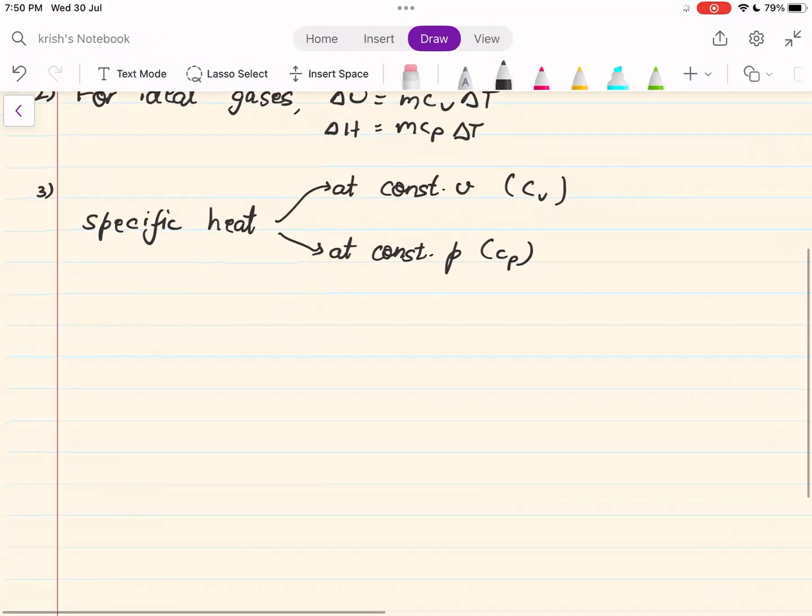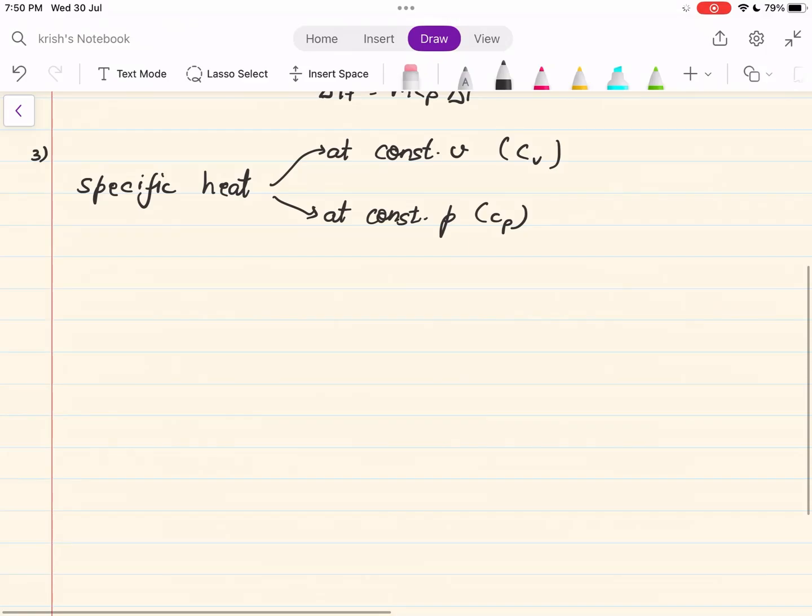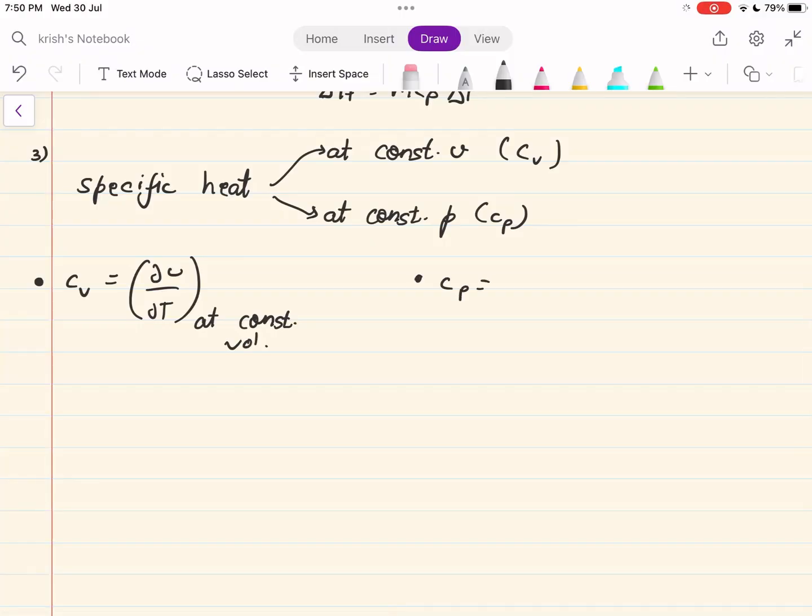So, Cv equals del U by del T at constant volume, and Cp equals del H by del T at constant pressure.